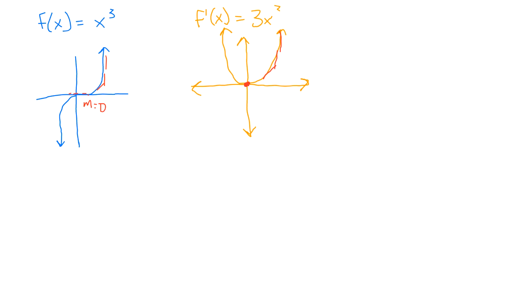So now let's try a couple of examples of finding some basic derivatives. The first example I want to try is to find the derivative of f of x equals x squared plus 2.